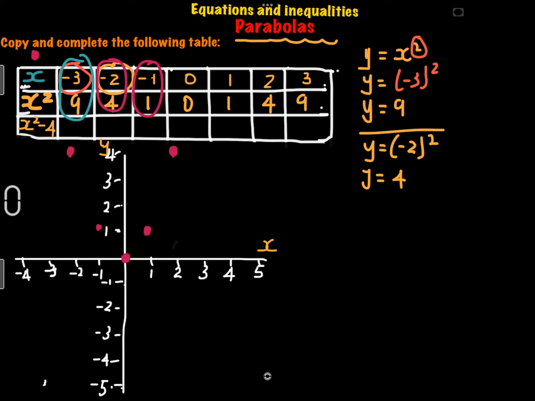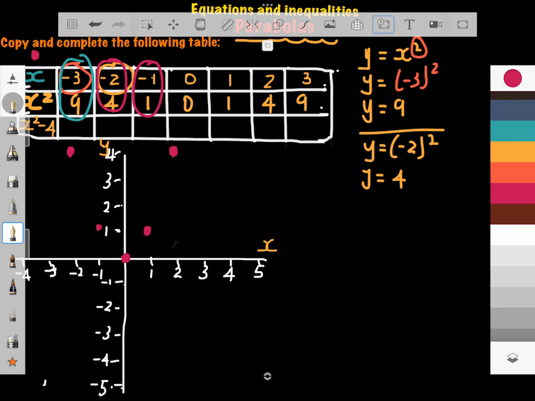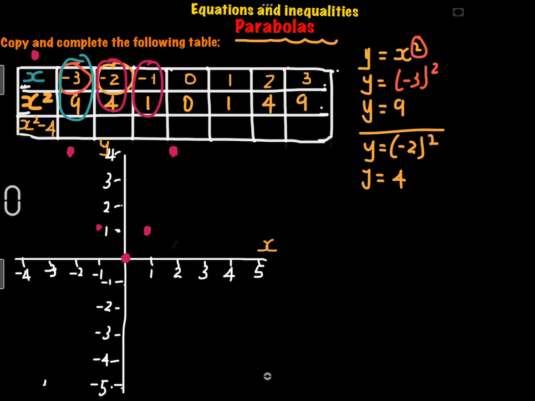So what this means essentially is to construct a graph that looks like this by joining all the points on this graph. So our graph will look like this. When x is equal to 0, y is equal to 0. That's how our graph will look.